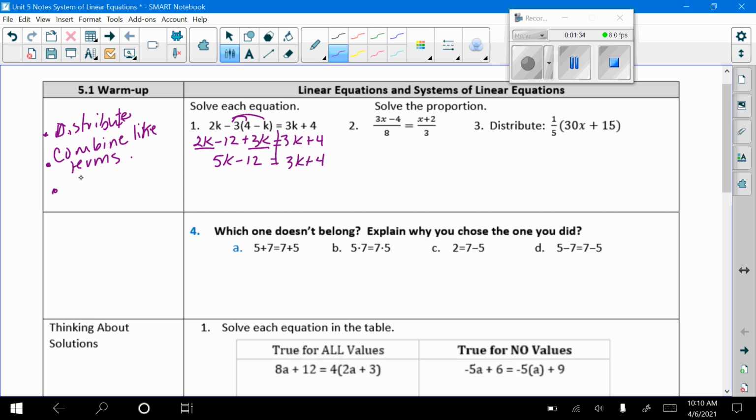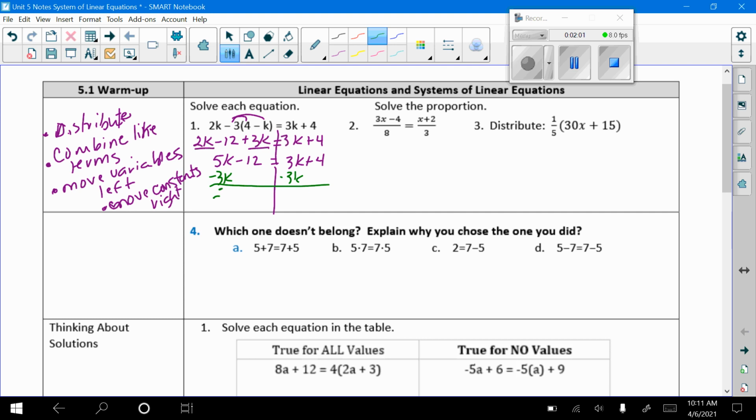Now let's move our variables. I'm going to move my variables left. And then I'm going to move constants right. So keep on going with this. I'm going to minus the 3k, minus the 3k.